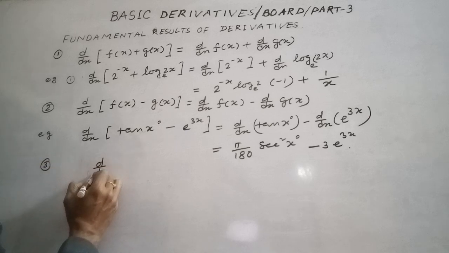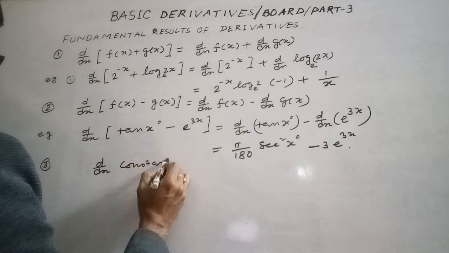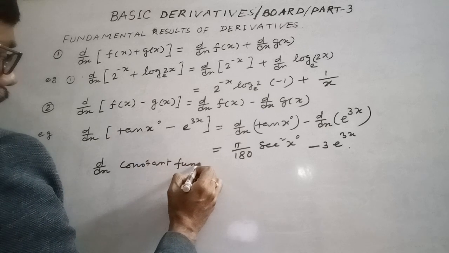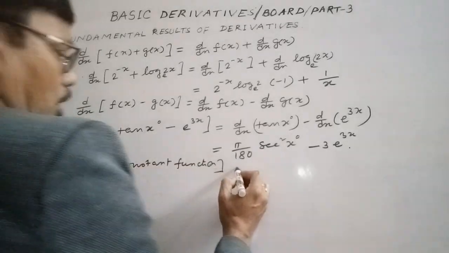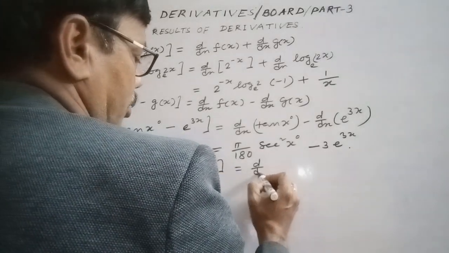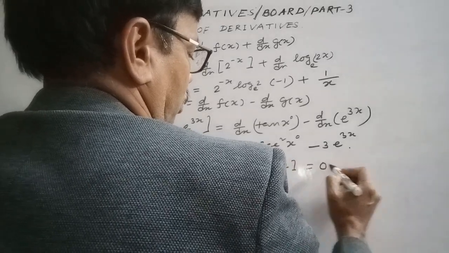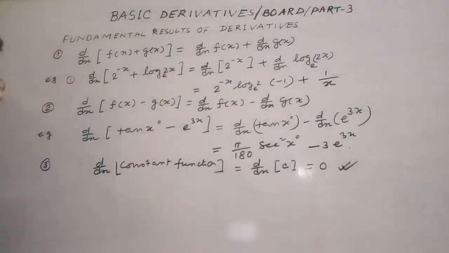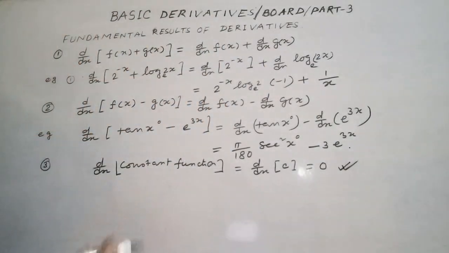Number 3: dy dx of a constant function. You know, a constant function is denoted by c. So the derivative of a constant function is 0. We are not interested in the proof.